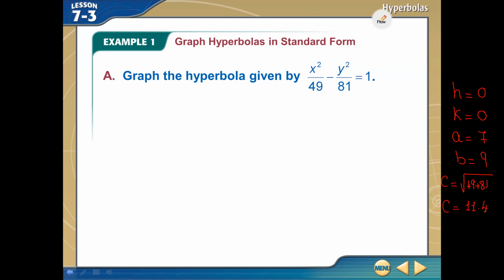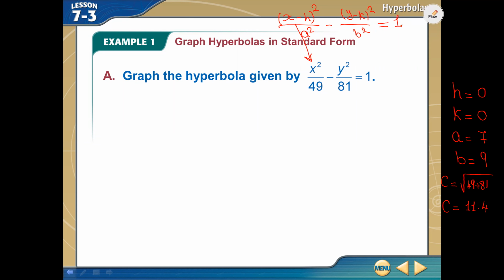So h here is 0 because we have to write the general rule here. It's x minus h all power 2. It gave me x squared, so h is equal to 0. And in the same way, over a squared minus y minus k all power 2 over b power 2 is equal to 1.